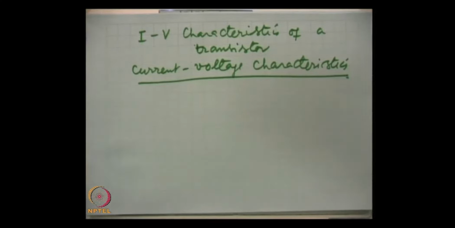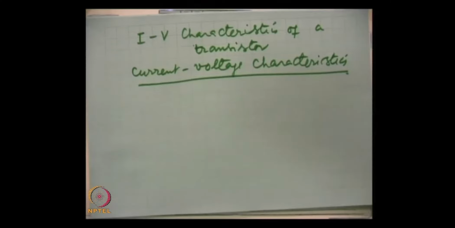We are often talking about that the common emitter circuit is most widely used. So, these characteristics we will be drawing for the common emitter circuit and bring out the salient features of these characteristics. They are not different. There are some variations at some points in the common base and common collector circuit, but more or less they remain the same.